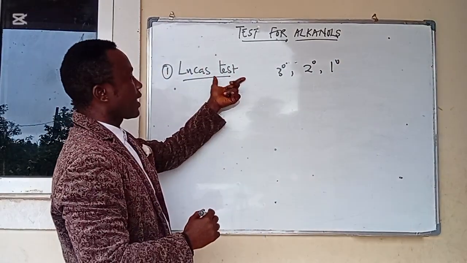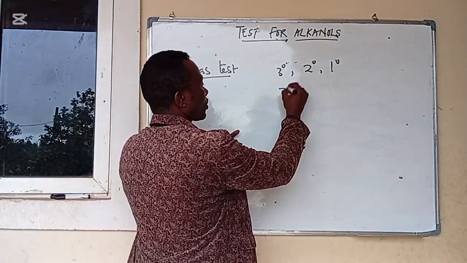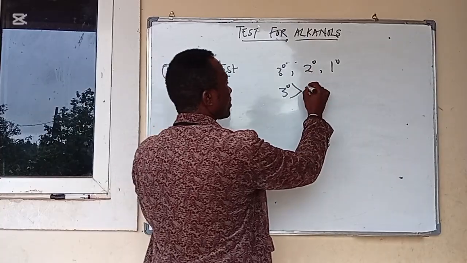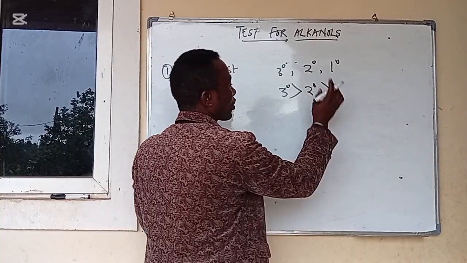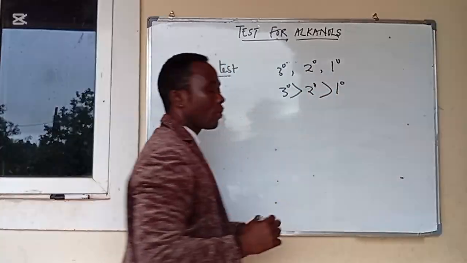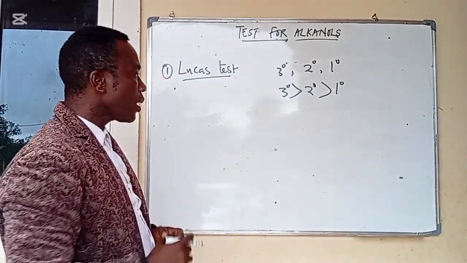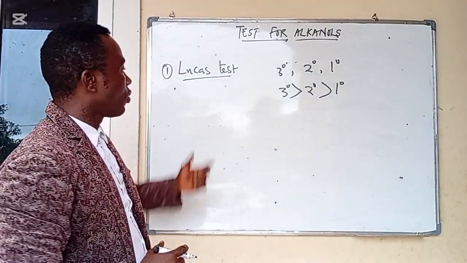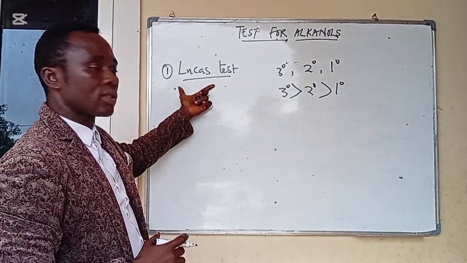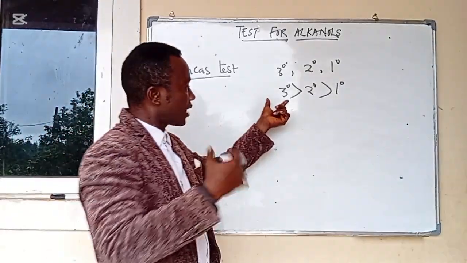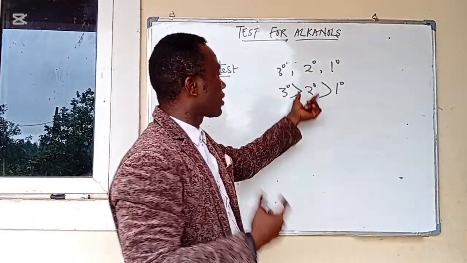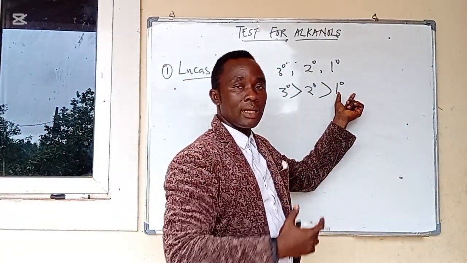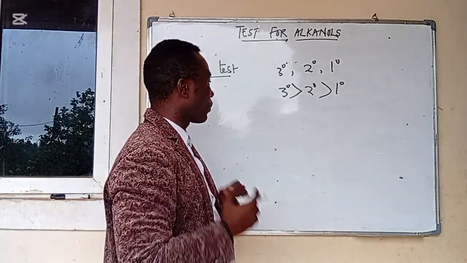With the Lucas test, tertiary alkanols react faster than secondary alkanols, while secondary alkanols react faster than primary alkanols, in that order.